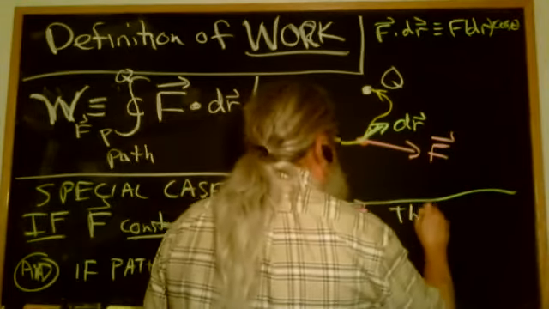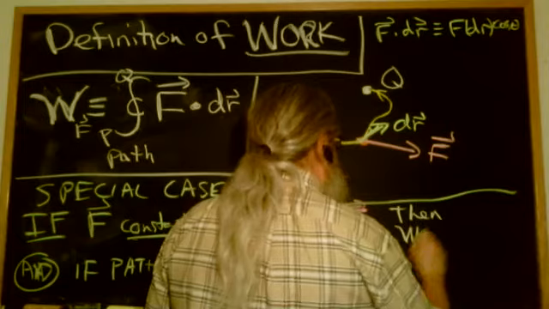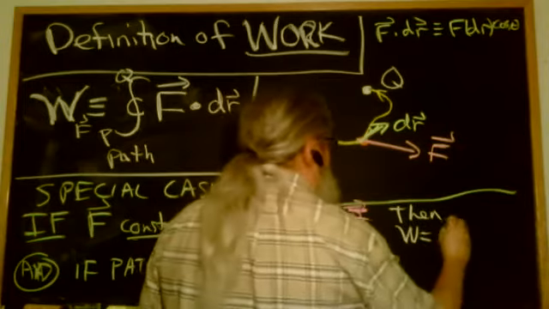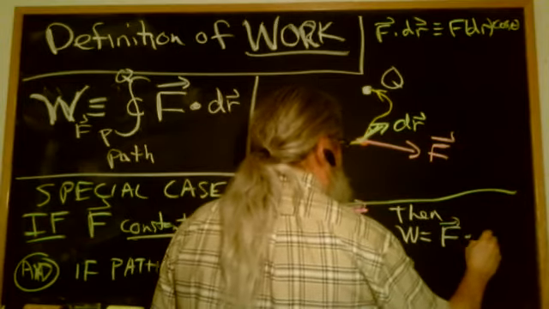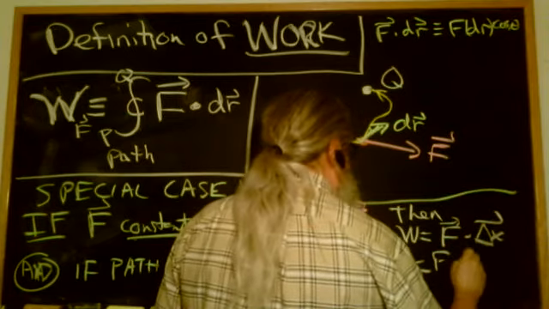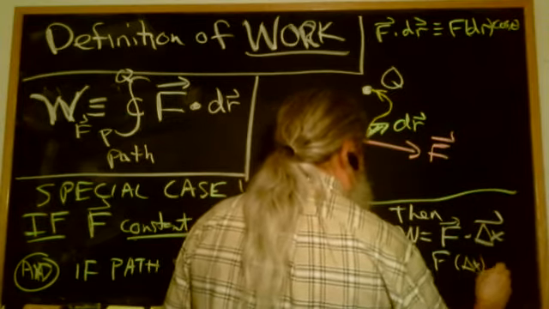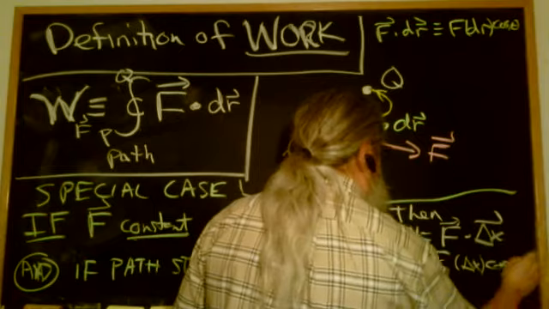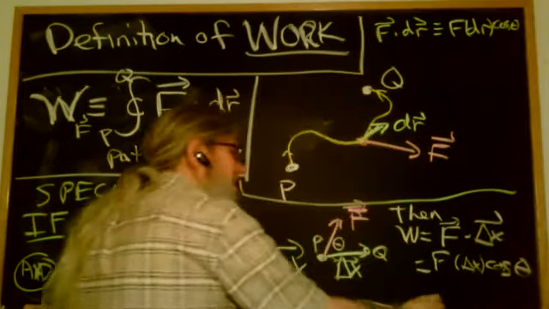Then the work done is equal to the dot product of those two vectors, F dot delta x, which is to say it's equal to F times delta x times the cosine of that angle theta, whatever that angle is between them.